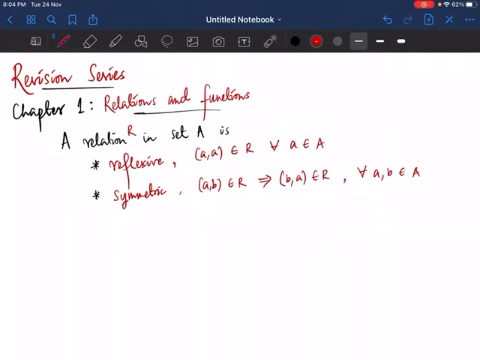So if (A, B) is an element of R, then (B, A) also needs to be an element of R. Then we can say that the relation is symmetric.